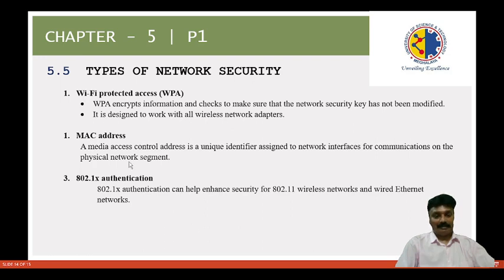Then the MAC address, which is a unique identifier assigned to network interfaces for communication on the physical network segment. Then the 802.1X authentication. This authentication helps enhance security for 802.11 wireless networks and wired Ethernet networks.